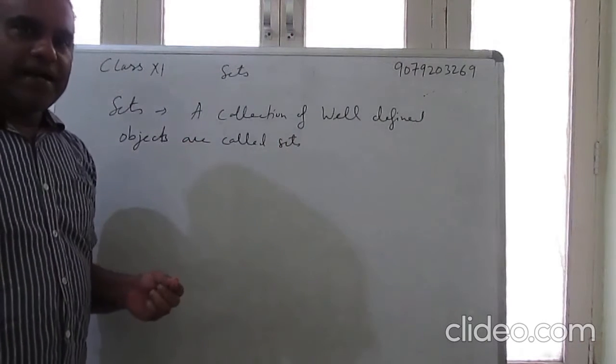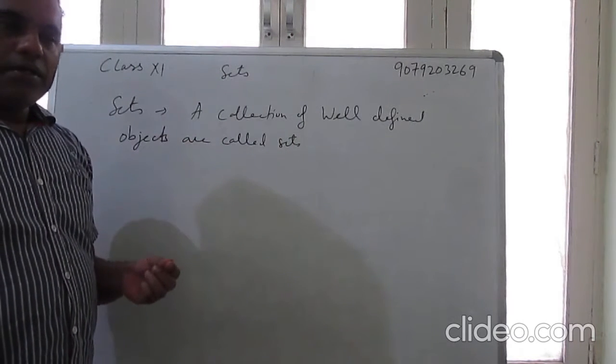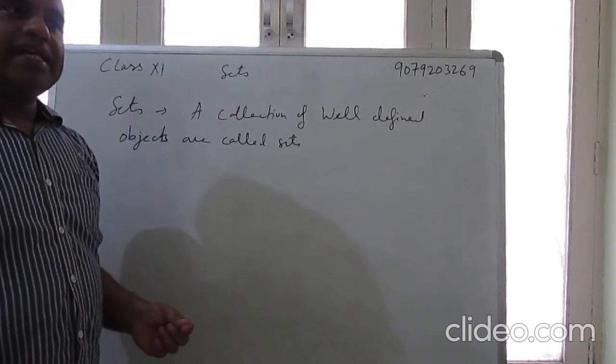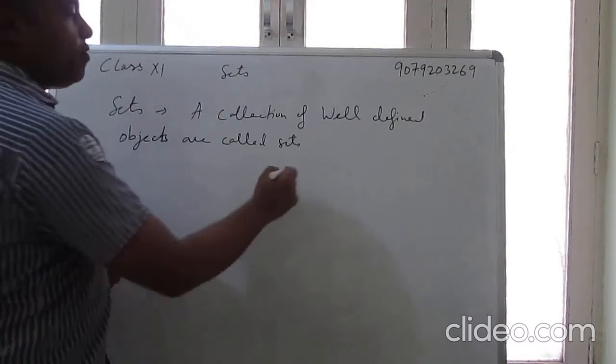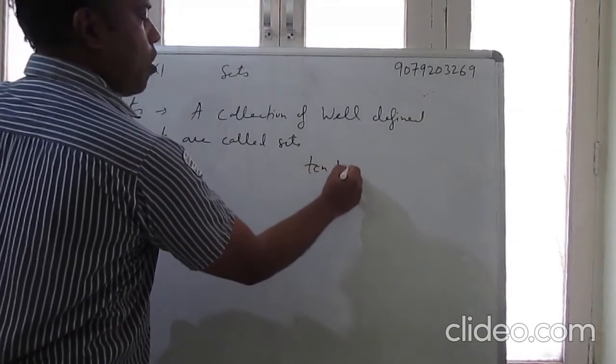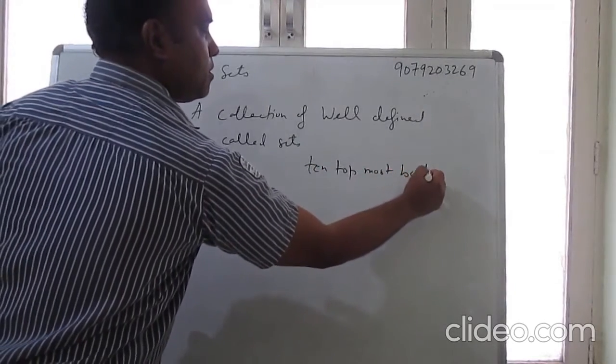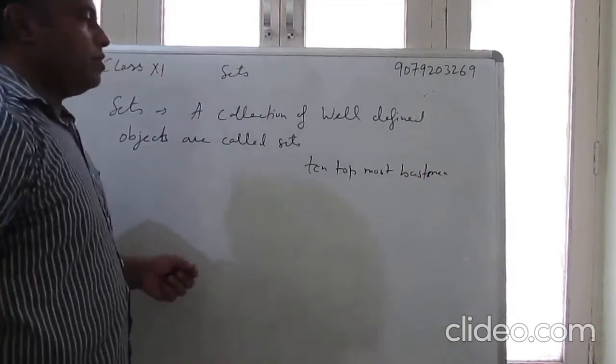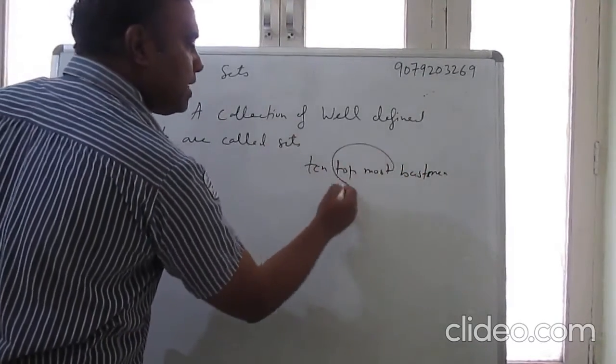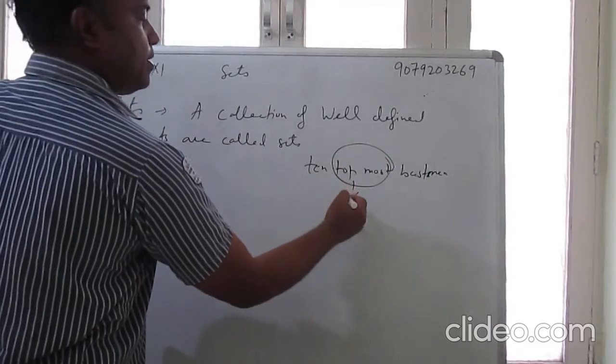Is this well defined? If I say the collection of the 10 topmost batsmen in India, it is not well defined.